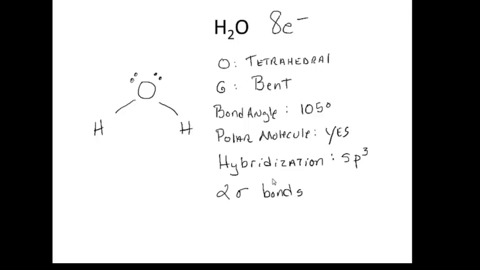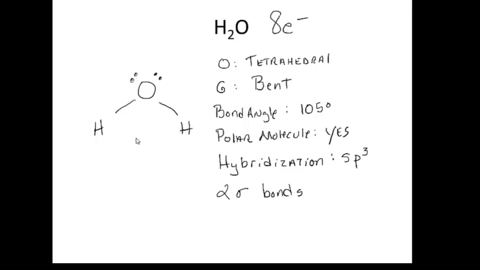All right, this is another example. This is water. Again, orientation is tetrahedral. Orientation is the number of bonded and non-bonded pairs of electrons around the central atom. 1, 2, 3, 4. There are 4 pairs of electrons around the central atom.